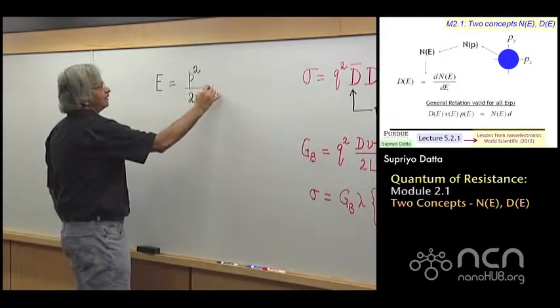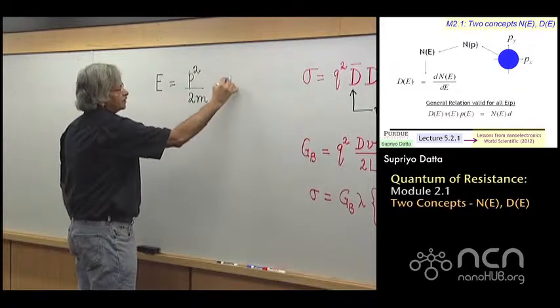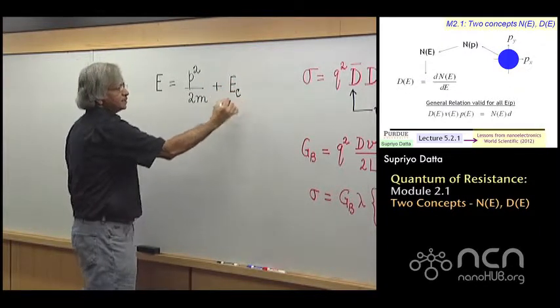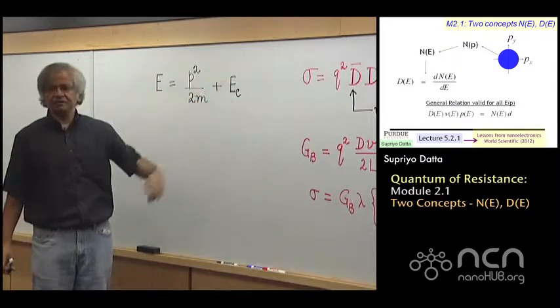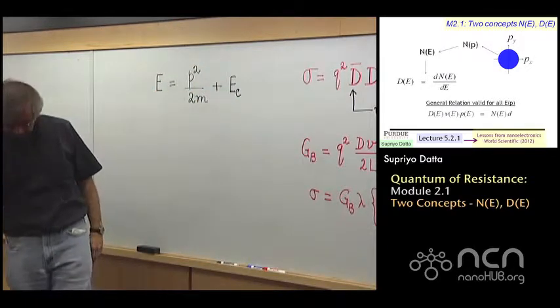And one might add a potential energy to it, a constant EC. So this would describe electrons in many of the common semiconductors.